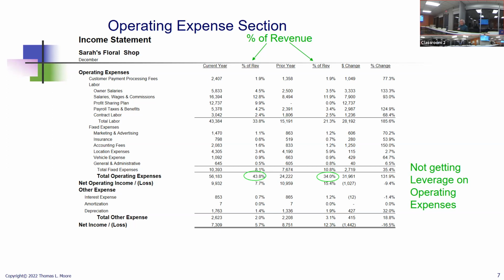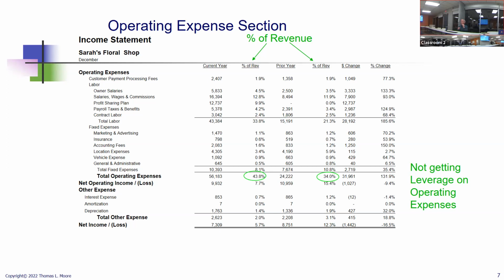So what that basically says is that we're really not getting leverage or using all of our operating expenses wisely in comparison of last year versus this year. So last year, we only spent 34 cents per dollar, right, on total operating expenses. And this year, we're spending 43.8 cents per dollar.